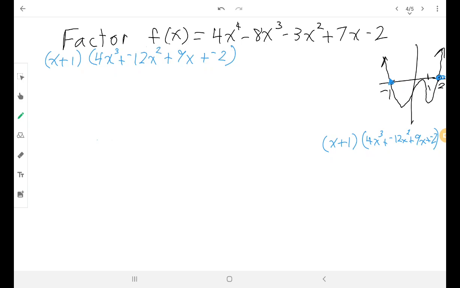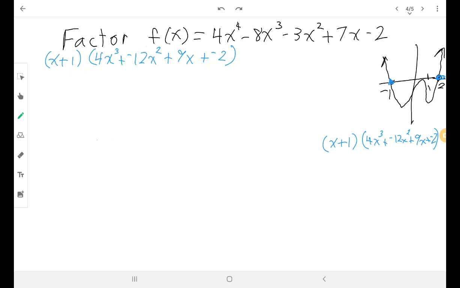This is a little tiny bit easier to plug 2 into, so I'm going to plug 2 in and calculate real quick to see, because if 2 is a factor of this, or is a root of this, then it has to be a root of this, because I haven't used it yet. Sometimes the roots repeat, but if you haven't used one yet, that's sort of your better bet, okay?